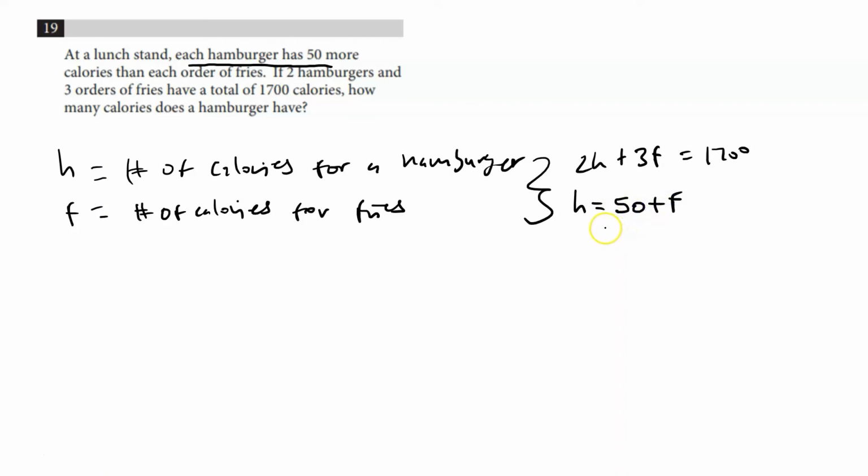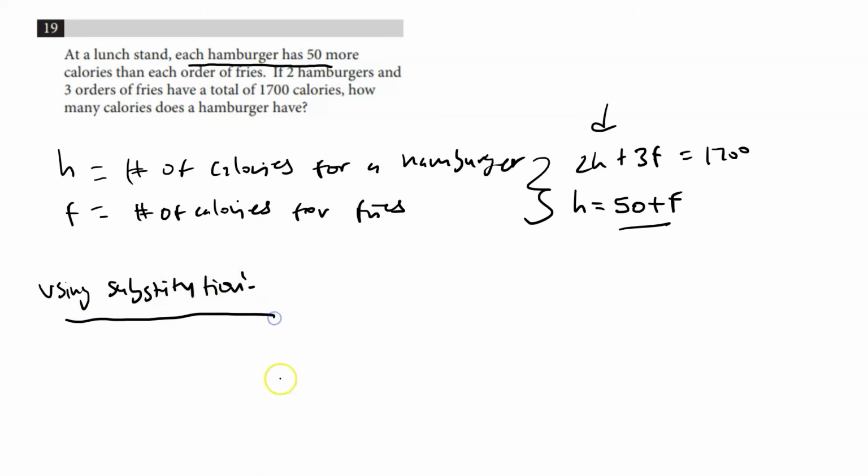This is pretty easy to just substitute into this equation. So using substitution, we have 2h, but we know h is 50 plus f, so 2 times (50 plus f) plus 3f equals 1700.